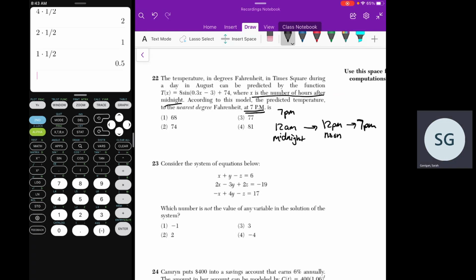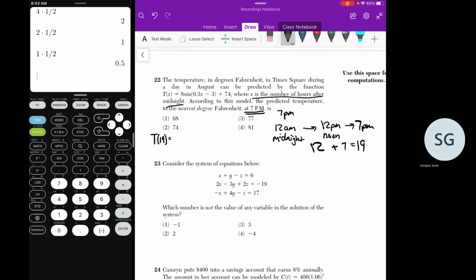So this is 12 hours plus another 7 hours. So we're talking about x equals 19. All we have to do is plug 19 into that formula. So we're finding t of 19. So 8 sine of 0.03 times 19 minus 3 plus 74.